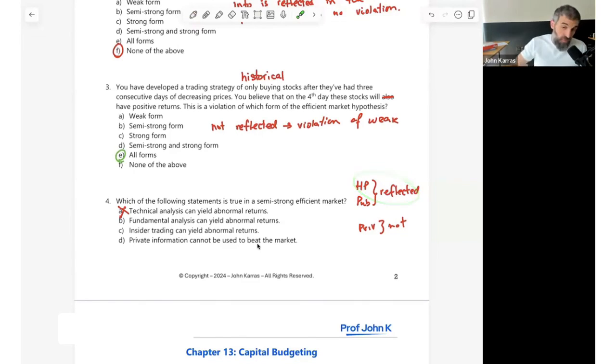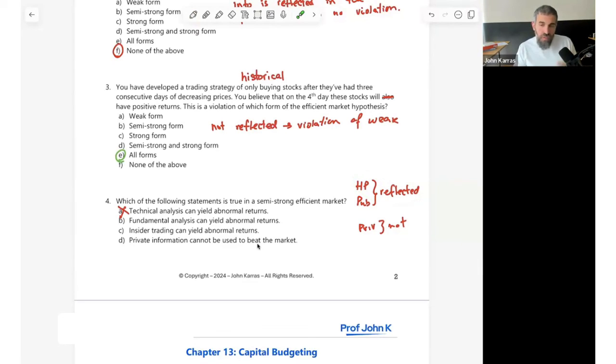One thing you guys want to connect with is when I say something is reflected in the price, and this might feel counterintuitive, but it is what it is, if something is reflected in the price, then it does not give you an advantage. It cannot be used to your advantage. I'll say it again. When something is reflected in the price, it cannot give you an advantage.